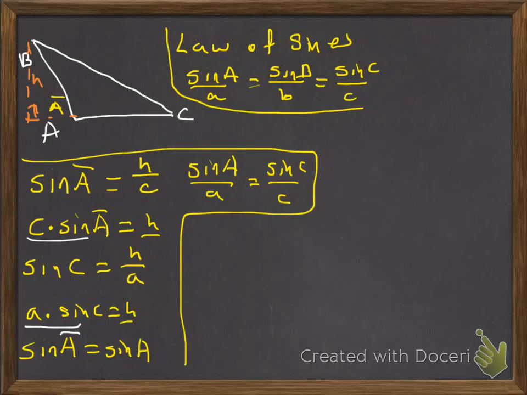Okay, now we're going to use that same triangle and derive the law of cosines for obtuse triangles as well.